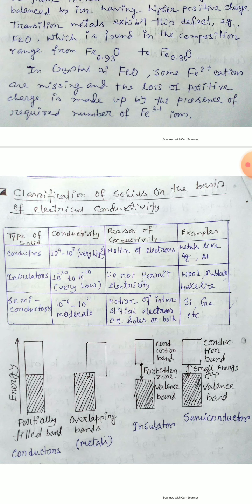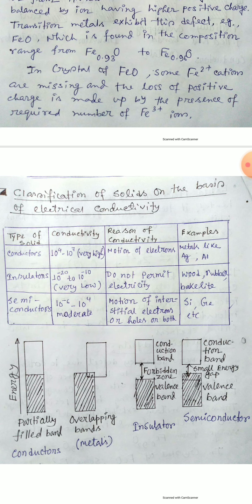For metals, there are the valence band and the conduction band. The upper box is the conduction band, and the lower box, marked with lines, is the valence band. In the case of metals, you can see the overlapping of the valence band and the conduction band.